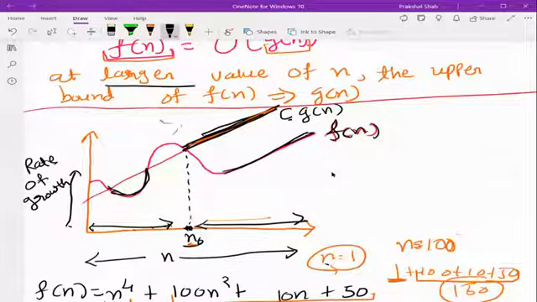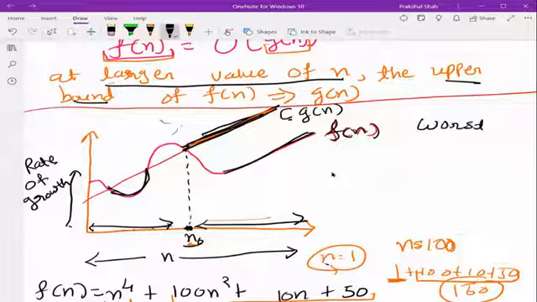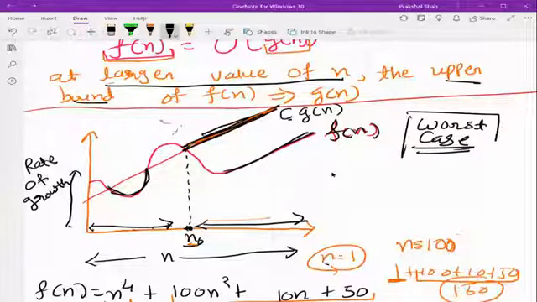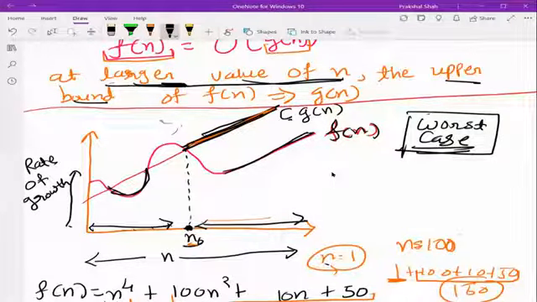We have to consider larger values of n, for which our upper bound will exist. That is why we are considering the worst case, which is valid for larger values of n, not smaller ones. Larger value is a generic term, so I need to find the point after which my solution is valid. Making sense?